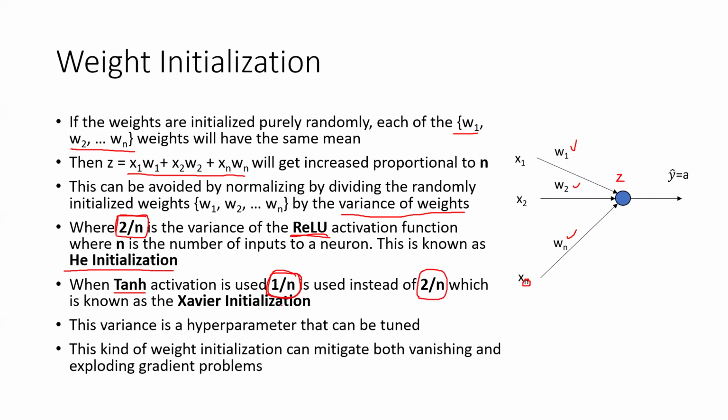When it comes to tanh, you multiply with 1 over n, and this is known as Xavier initialization. For the ReLU activation function, using 2 over n, it is known as He initialization.